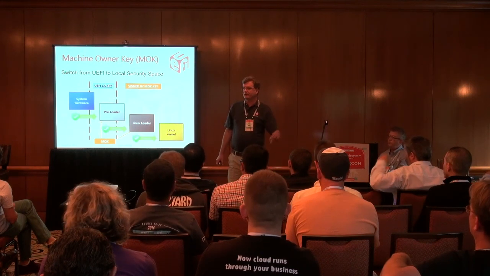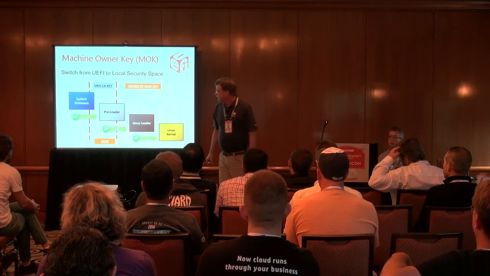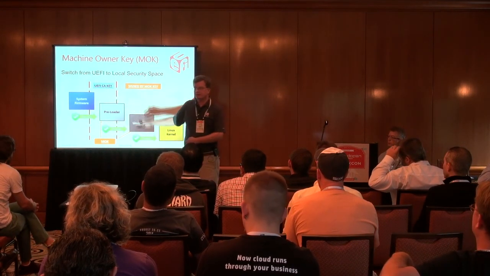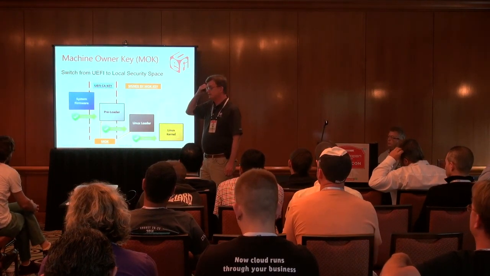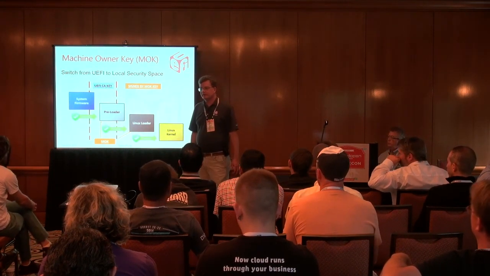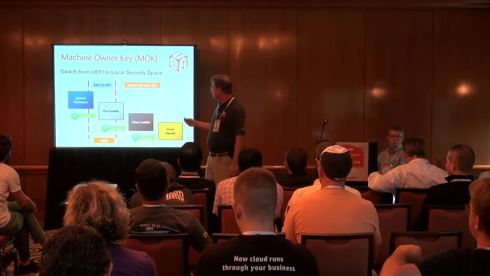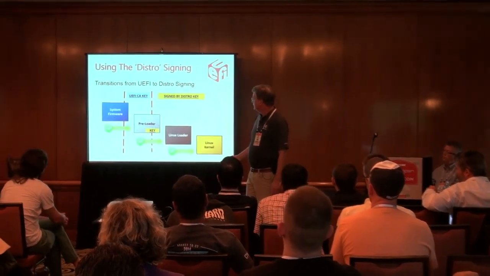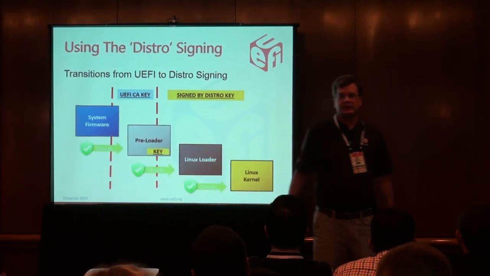Did everyone hear that? Should I repeat that? It's an important point. In the system firmware, we might have the Microsoft CA key. The preloader loads the local installation key, the MOK key. It also contains within itself the distro key, the distro key that was built in when the distro was created.